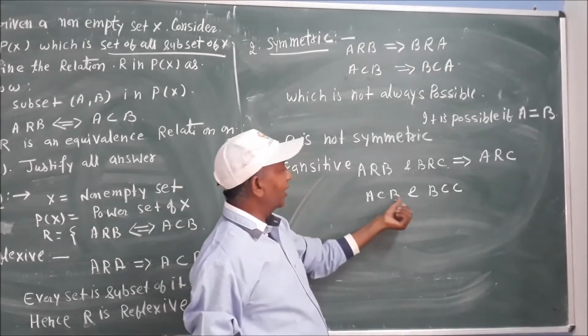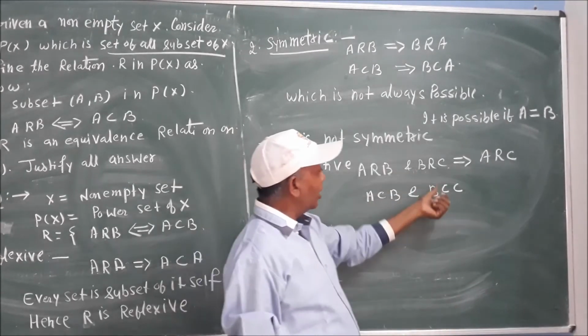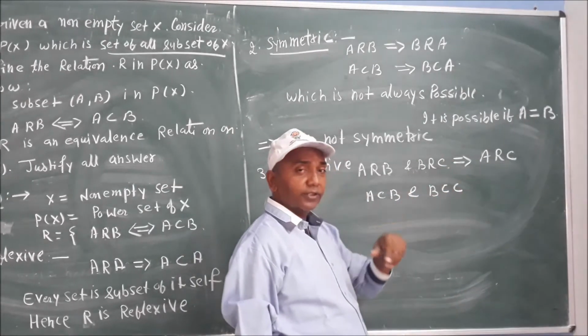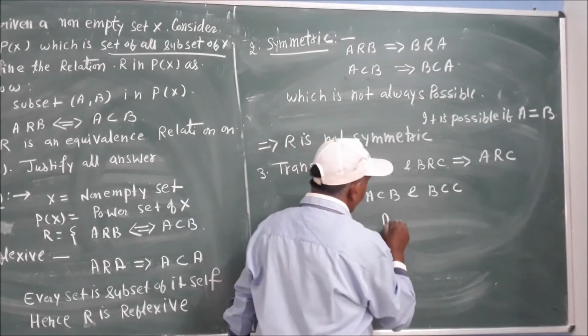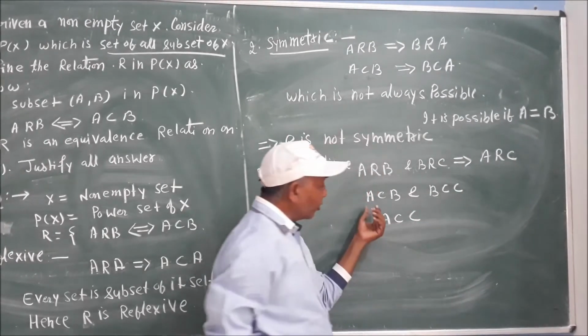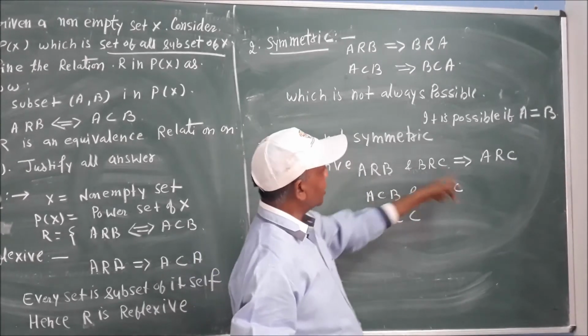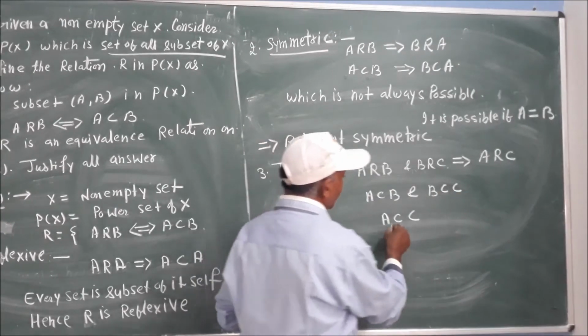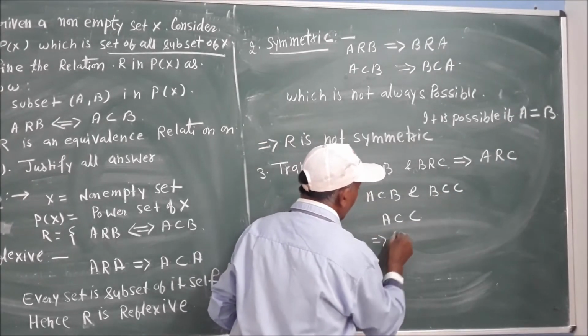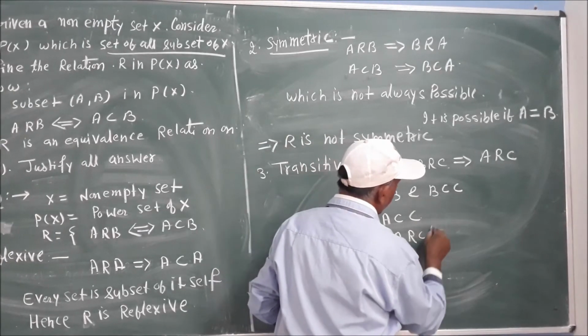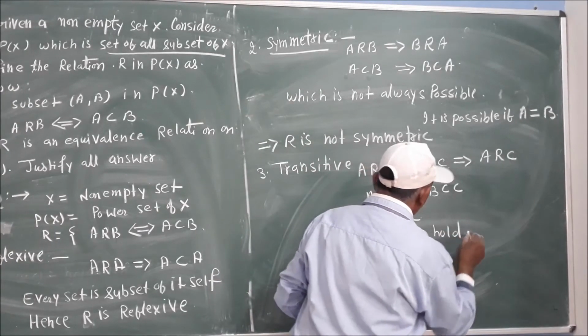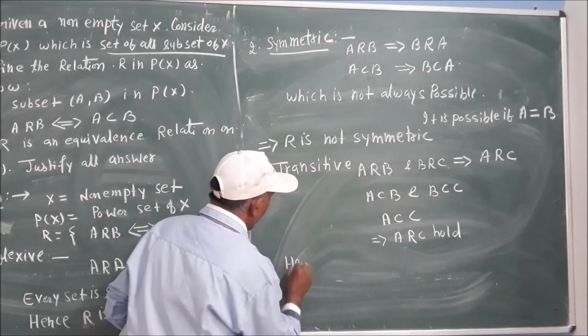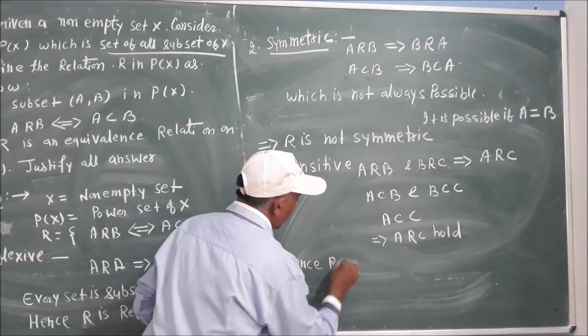All elements of A are present in B and all elements of B are present in C. So can we say A is a subset of C? Can we say that all elements of A will be in C? A is a subset of C. This means A R C holds. Hence R is transitive.